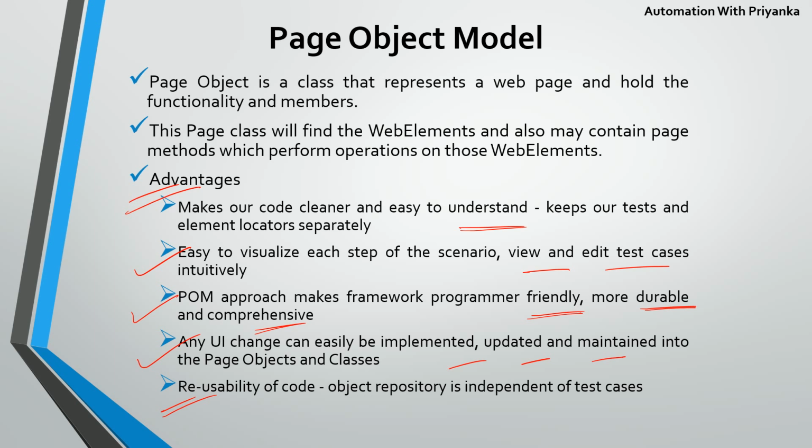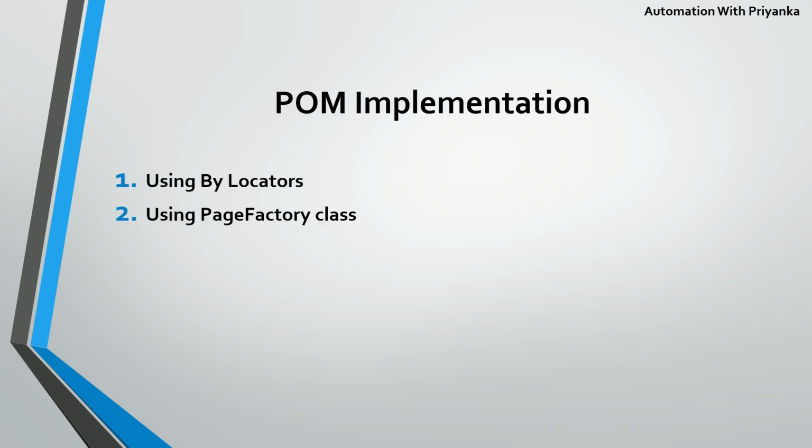But now it is time to understand how many different approaches there are and which approach we mostly follow in real time. Page object model can be implemented in two different approaches. The standard approach that we follow in real time is page factory. But first, you should understand the basic approach, using the By locator technique. What is By? By is a class, and with the help of this class, we can identify certain locators.